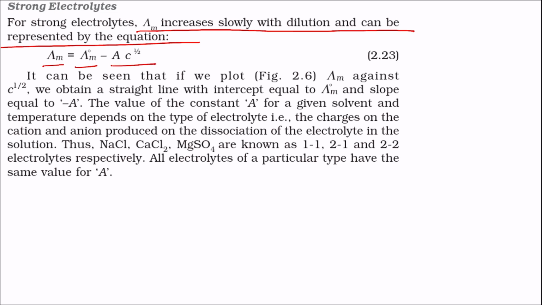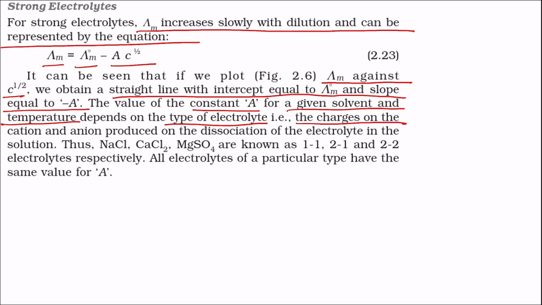If we plot molar conductivity against the square root of concentration, we obtain a straight line with intercept equal to limiting molar conductivity and slope equal to minus A. The value of constant A for a given solvent and temperature depends on the type of electrolyte, that is, the charges on the cation and anion produced on the dissociation of the electrolyte in the solution.